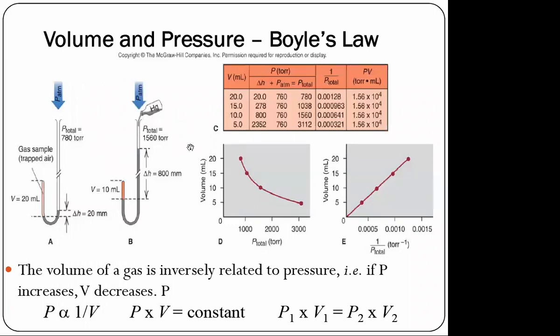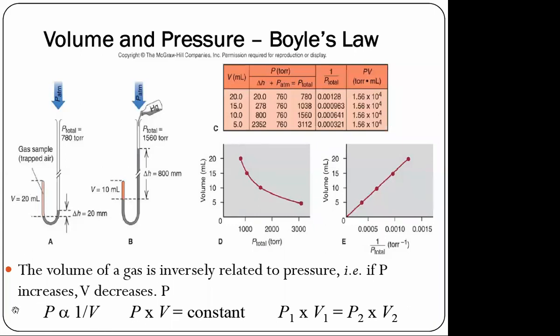So let's start with the first of the gas laws that we want to look at, and that is Boyle's law. Boyle's law simply tells us that the volume of a fixed mass of gas is inversely proportional to the pressure. So volume is inversely proportional to the pressure, or pressure is inversely proportional to volume.